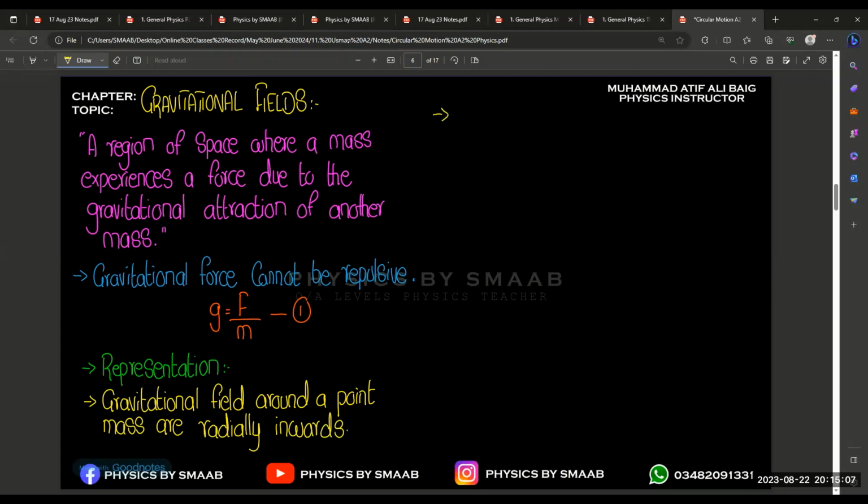And if we talk about the second point, just like the electric field and the magnetic field, the gravitational field lines can also be uniform, right? So gravitational field will be uniform.